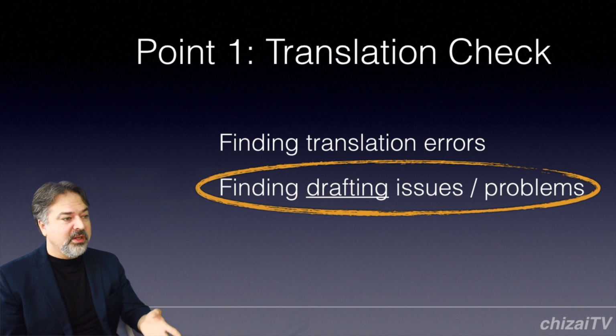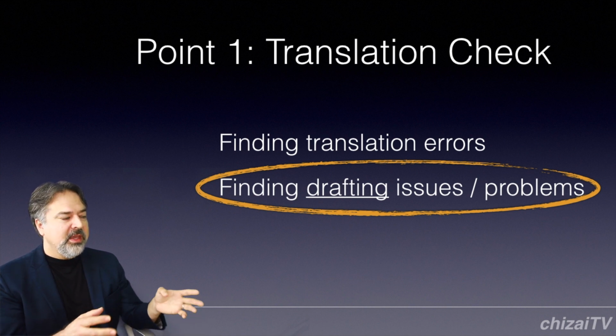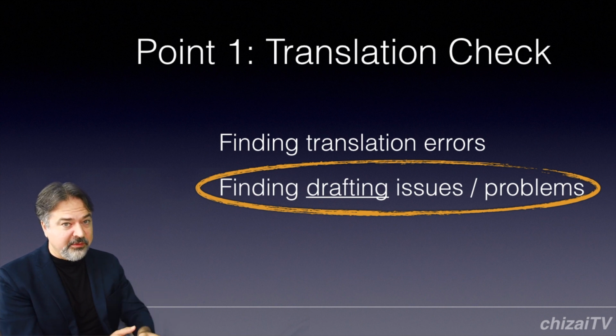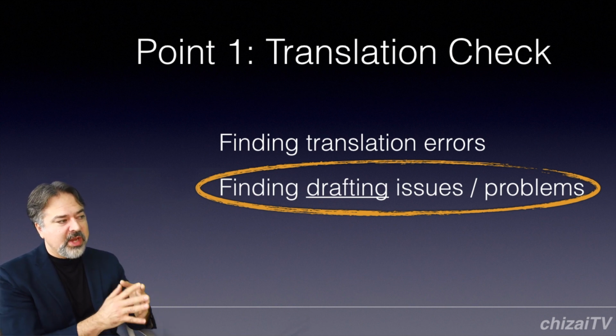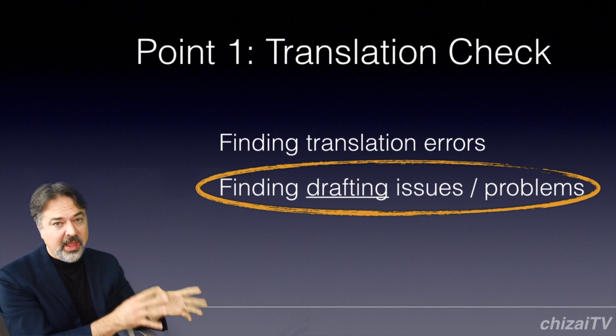Okay, from my experience, translations are very good and accurate. The problem is the rules for patent applications in Japan are different than the rules in the United States. So the Japanese application is perfectly done, perfectly good for Japan.